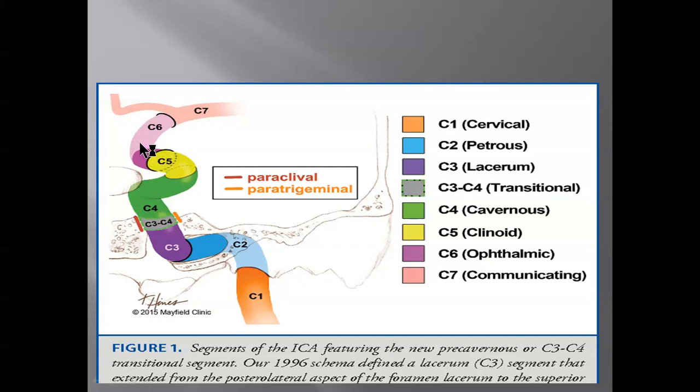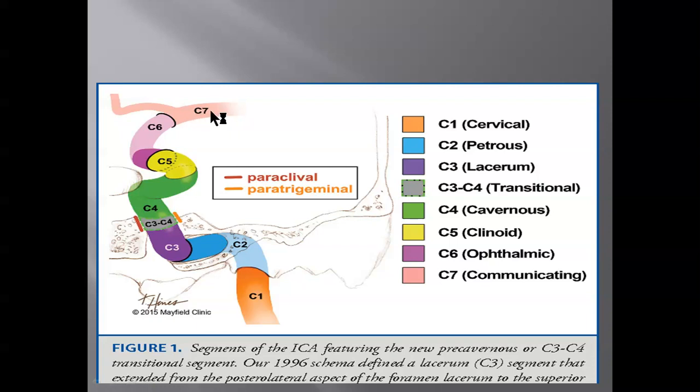And then we have C6 part over here. Now C6 part is the ophthalmic part, ophthalmic segment in the Boutelier classification, because origin of the ophthalmic artery takes place here, which is not shown in this figure yet. Then we have the communicating part. Now communicating part is the part which includes posterior communicating artery and the anterior choroidal artery origin.